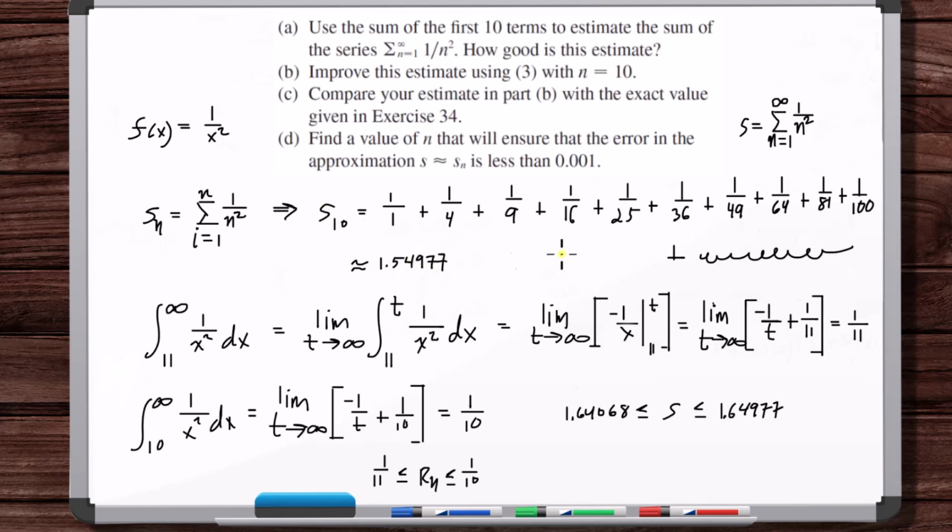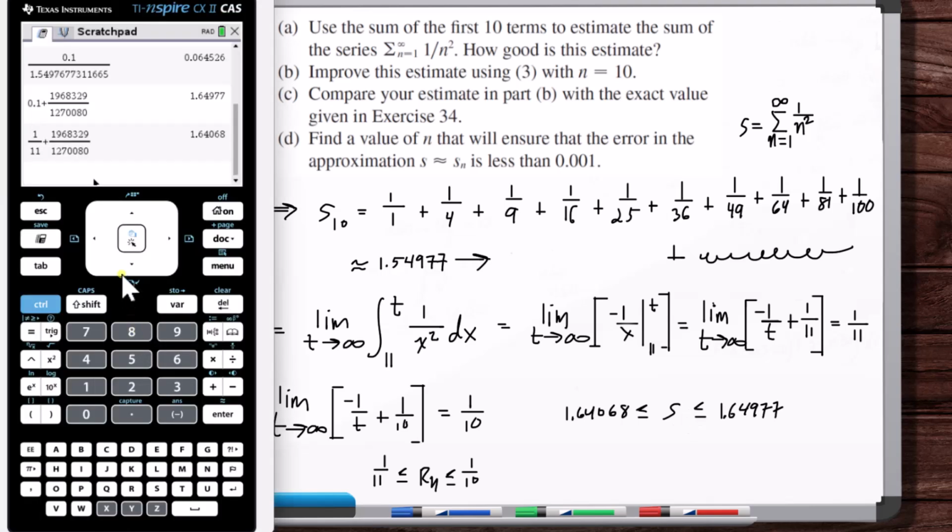If we had S, we'd just use that instead of this. So how can we replace this with something more accurate, that's closer to the actual S? Well, we could just take the midpoint of these two. So it's this plus this divided by 2, 1.64522.